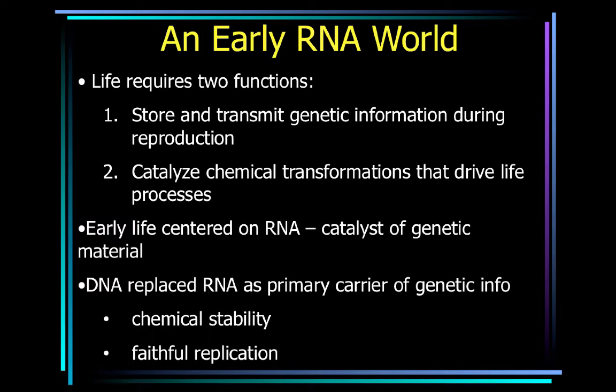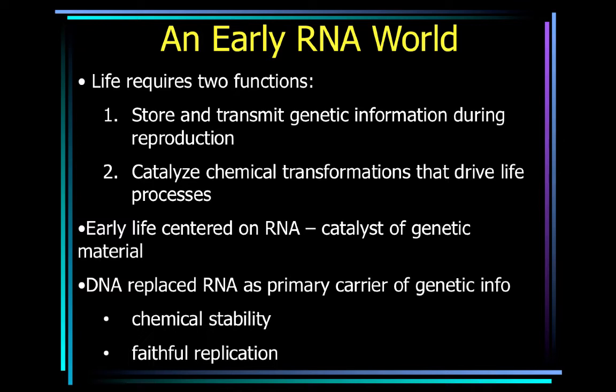A lot of our early evolutionary biology in life centered on RNA as being the catalyst or the genetic material. And eventually, as the environment progressed around us, DNA really replaced RNA as the primary carrier of genetic information.